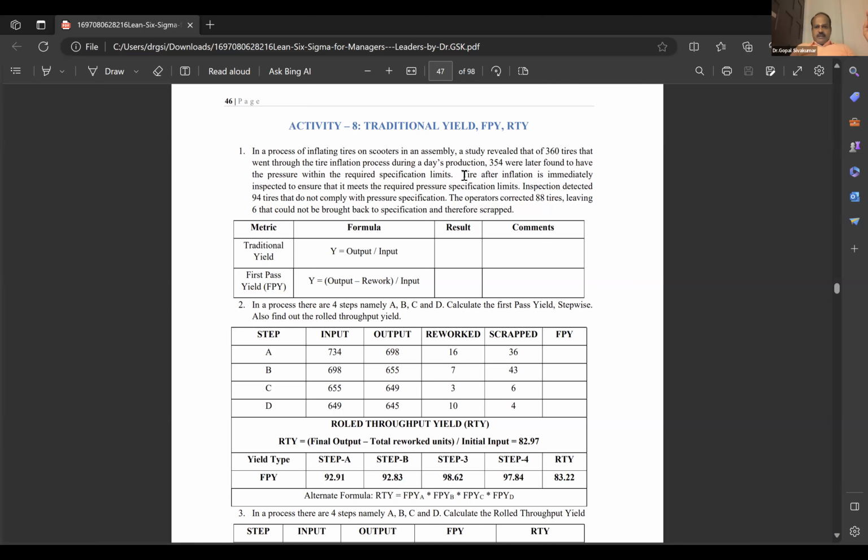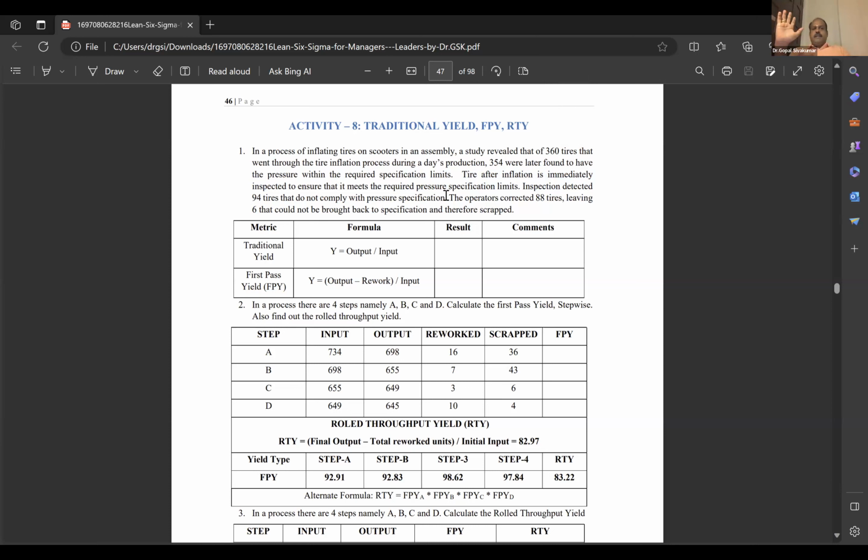Now, the tire after inflation is immediately inspected to ensure it meets the specification. The inspection detected 94 tires that did not comply with the specification.